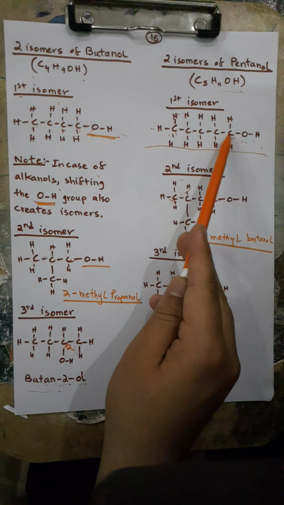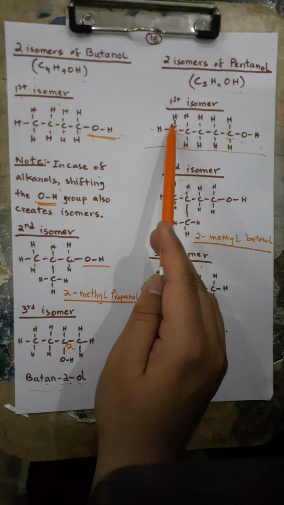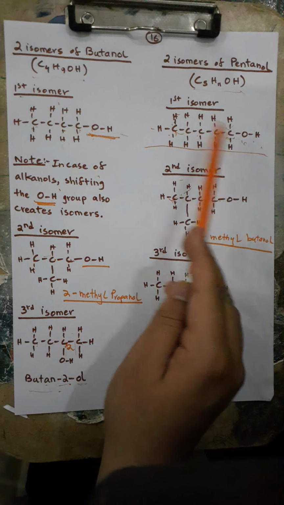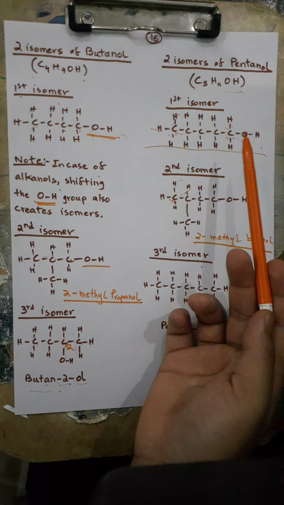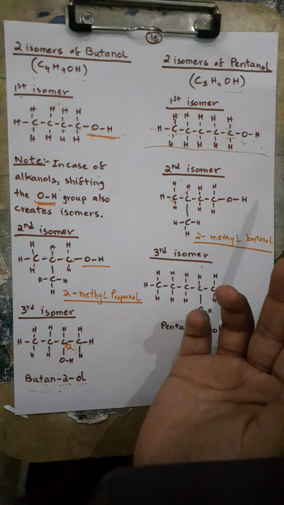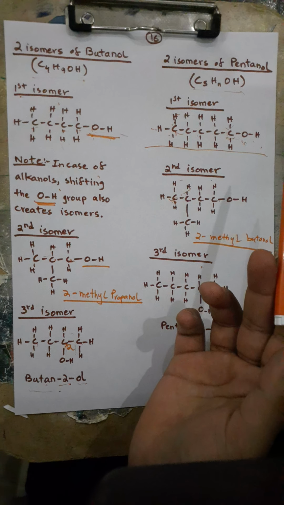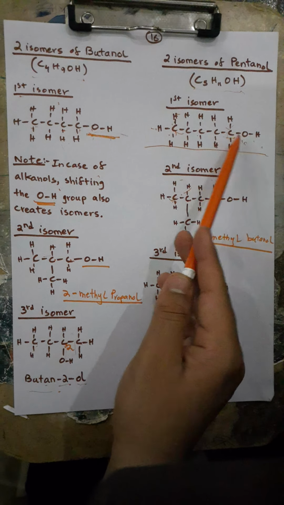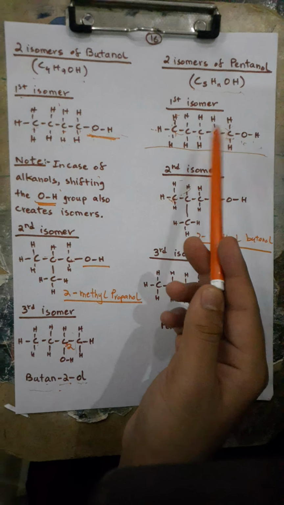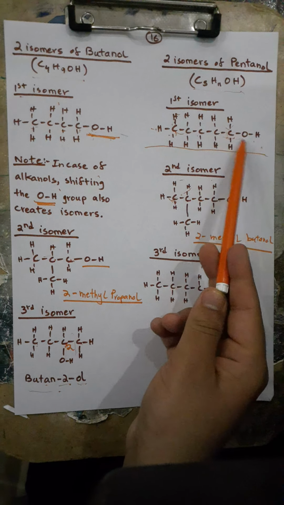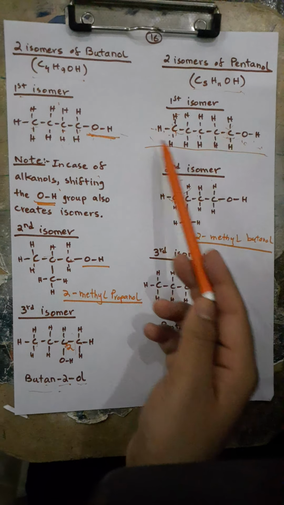From here this is the first carbon and from here this is the first carbon. So if we attach it to this carbon or this carbon, that's the same thing. No two different isomers. It would be the same pentanol from this side and pentanol from this side.